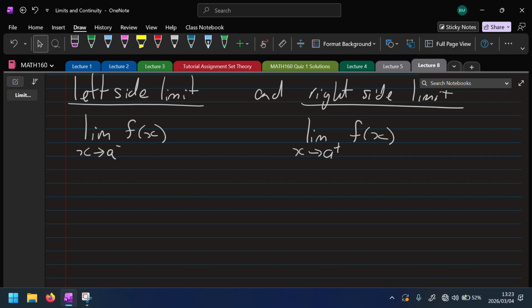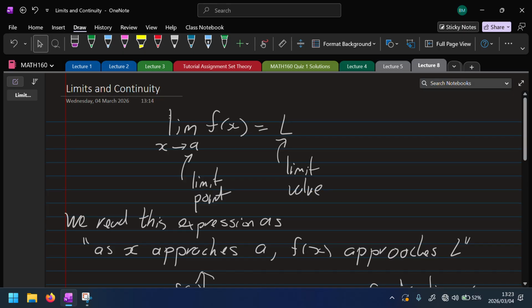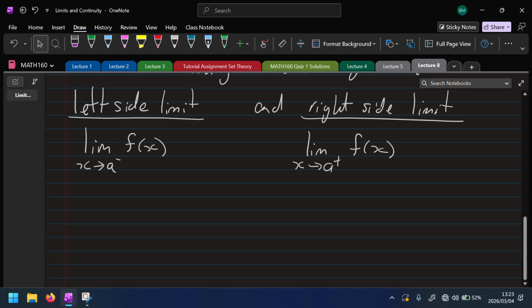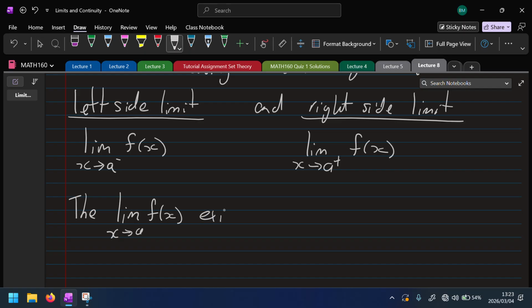Okay, so the limit, as we wrote it here, exists if the left side limit and the right side limit both exist and agree. They must be the same value. So the limit as x approaches a, f of x, exists. That's the word we use.